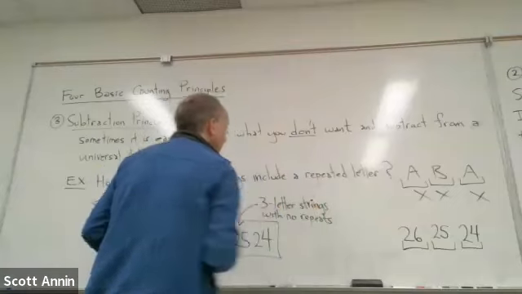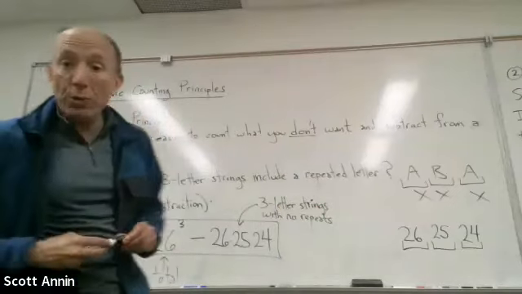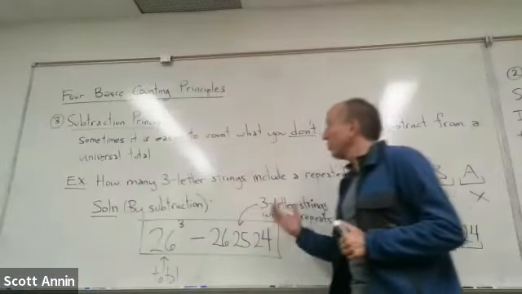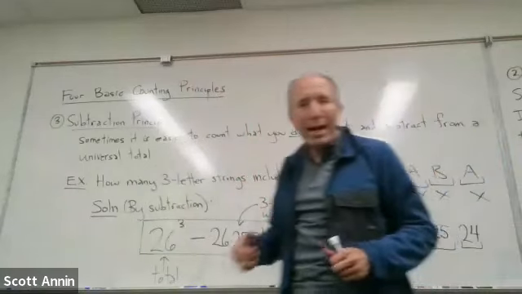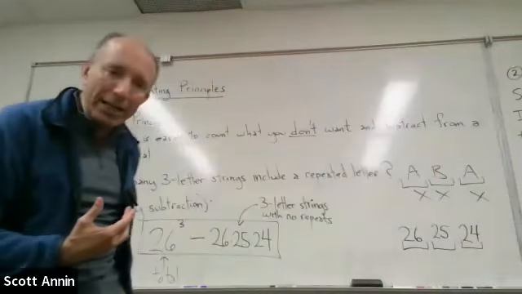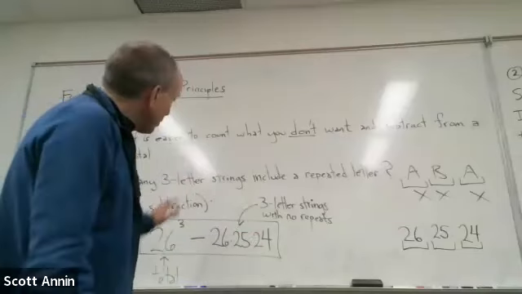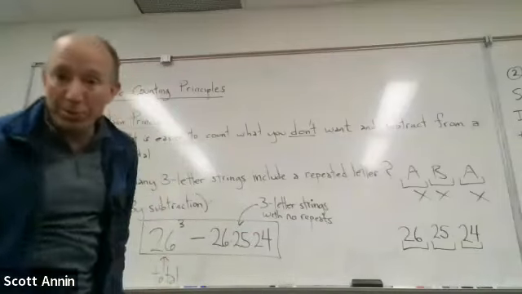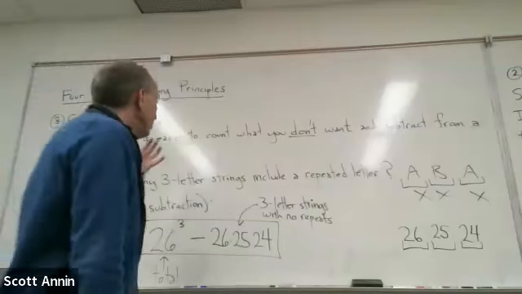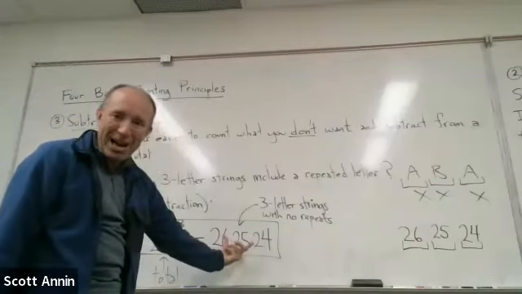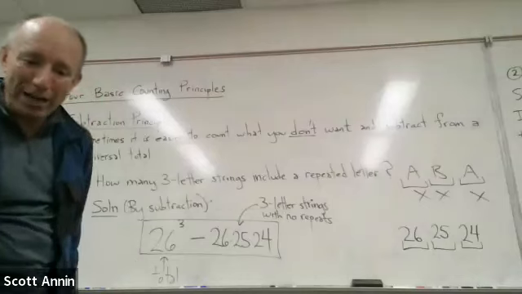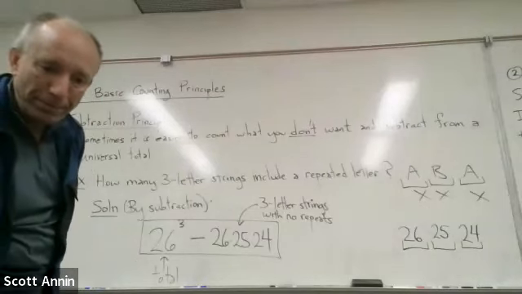So that would be a nice way to do the problem. It is possible to do it directly. We'll learn about that with some more advanced techniques later on. But it's much easier in this case to solve this problem by using the subtraction principle. We count what we didn't want to keep track of and subtract it from some kind of a universal total.